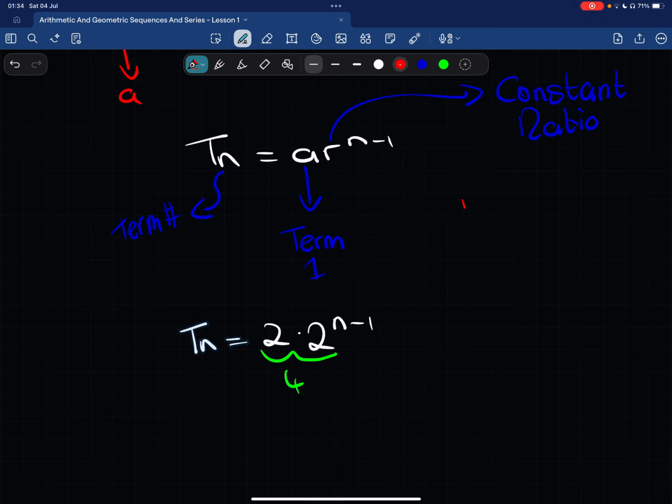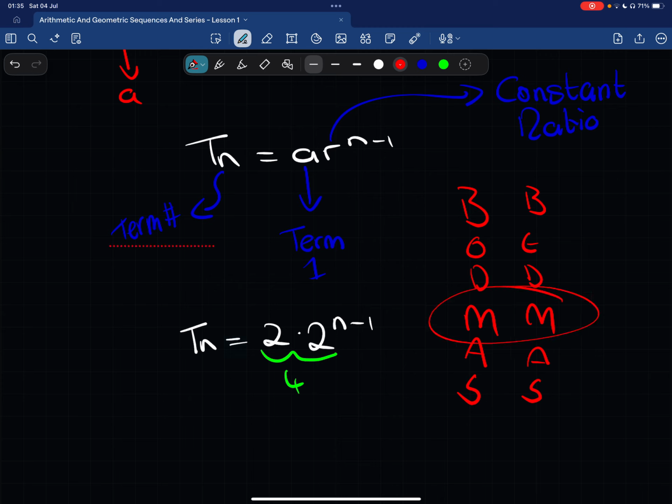So I implore you to refer to your BODMAS or BEDMAS, or literally whatever you use. I know some people use something called PEMDAS or whatever. Before we do multiplication, which is this step over here, we have to do our exponentiation. So that's why we leave it in this form.